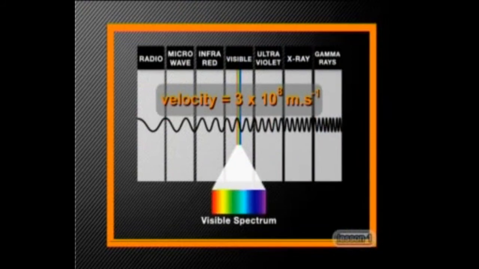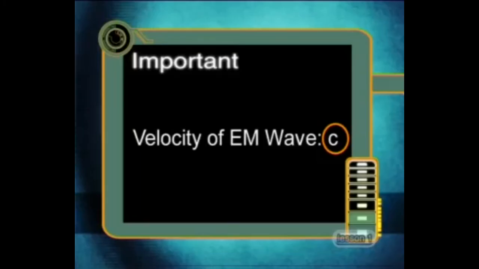All the waves of the spectrum travel through space or in a vacuum at the same velocity, 3 × 10⁸ meters per second. The symbol for the velocity of an electromagnetic wave is c.